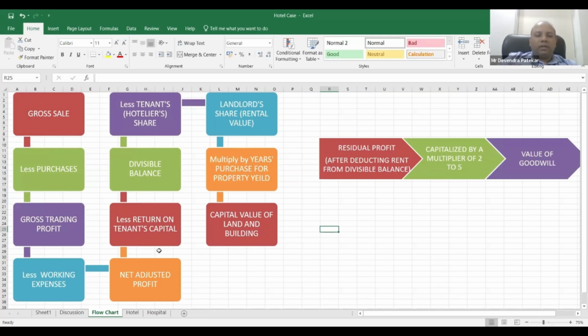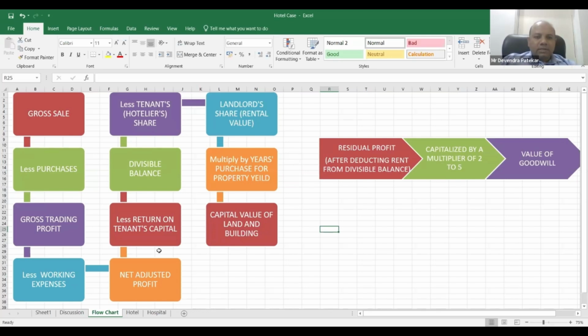So most of the expenses are deducted from the gross sale. The balance number is termed as a divisible balance, and it has two components. One component would be the tenant's or hotelier's share, and another component will be the landlord's share. So here the number gets split into two parts.